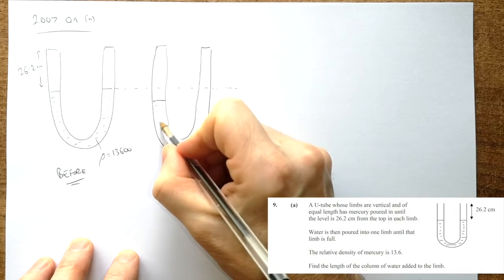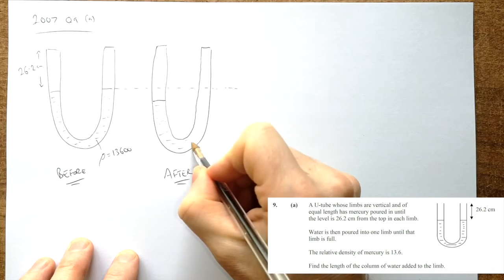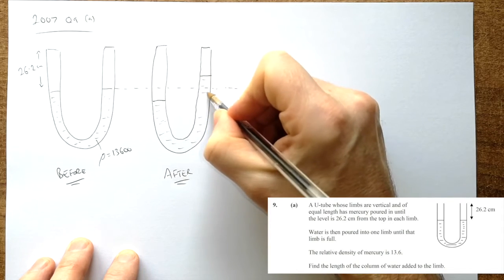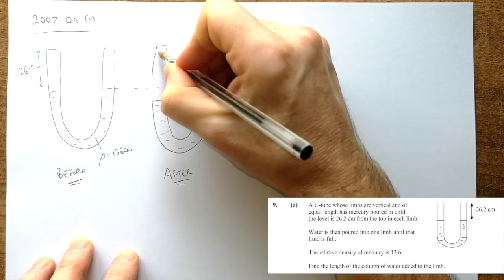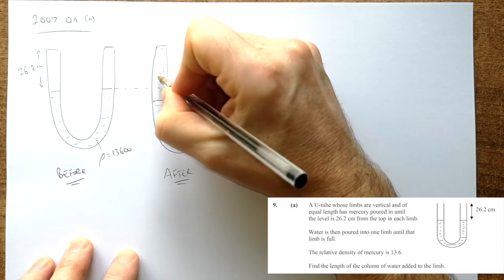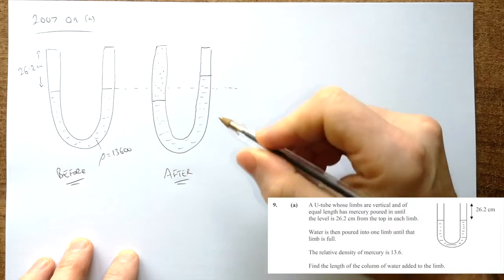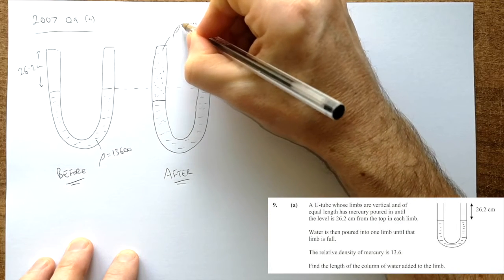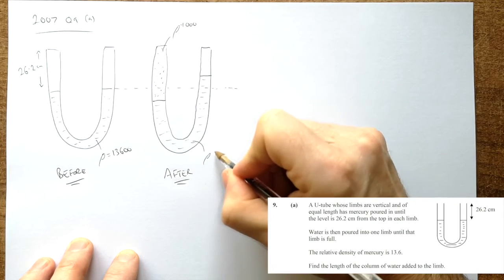So the mercury goes down. Now, liquids aren't compressible, so the mercury has to then go up on this side to balance. And this is all water, so that is rho 1000, and that's still mercury.